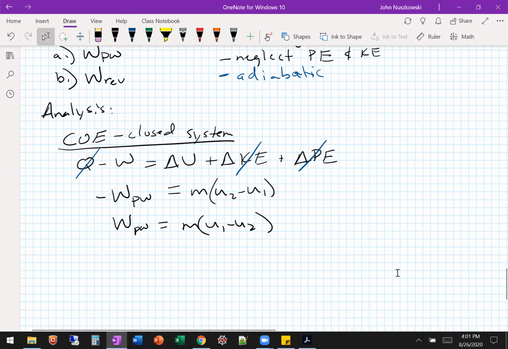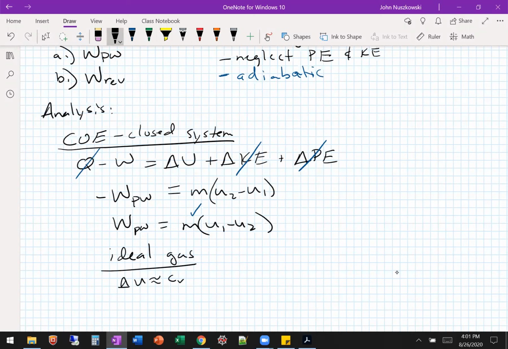All right, how do we get the change in internal energy? We can use the ideal gas relationship, because it's constant volume. Since we know it's an ideal gas, delta U is equal to CV delta T, and delta H is equal to CP delta T.